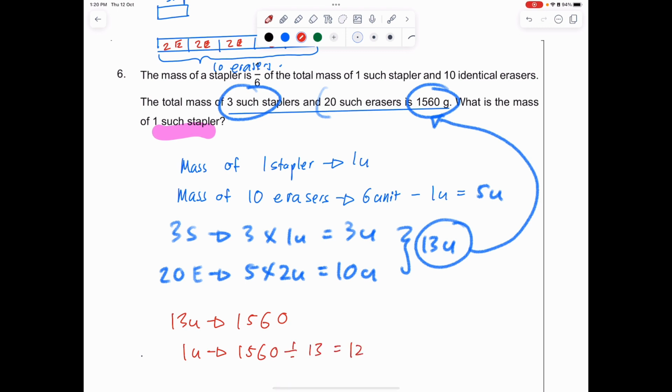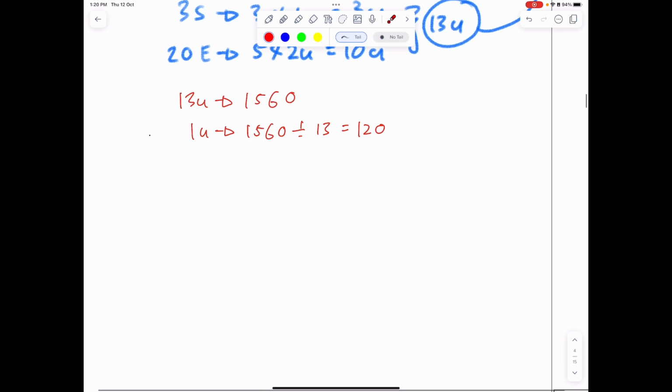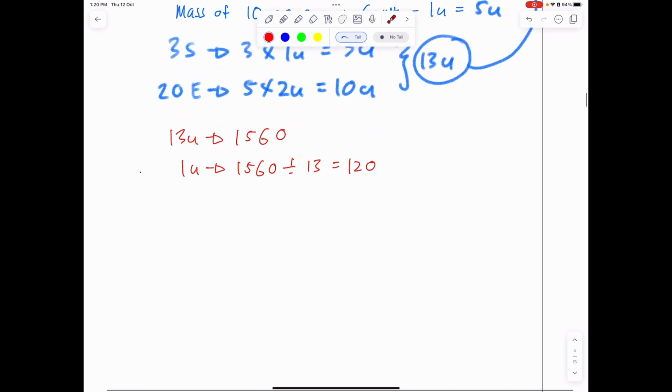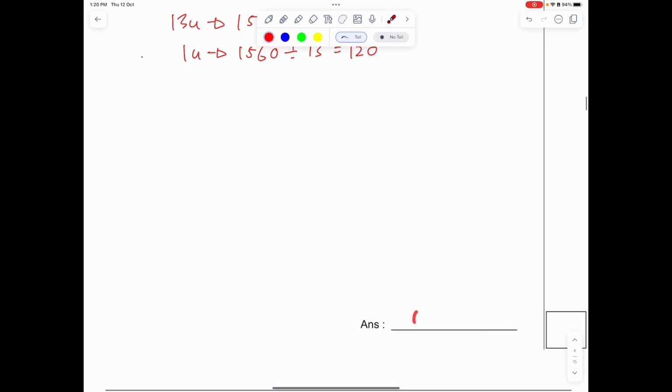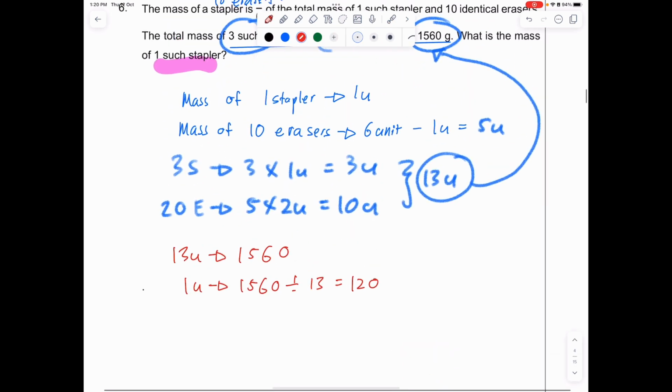Your answer would be 120 grams. And 1 unit is just nicely equivalent to 1 stapler, which is what they are asking for. They didn't ask for it in kg, so you can just straight away say that it's 120 grams.